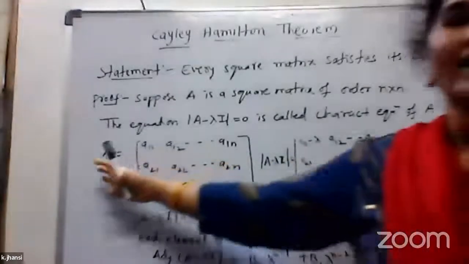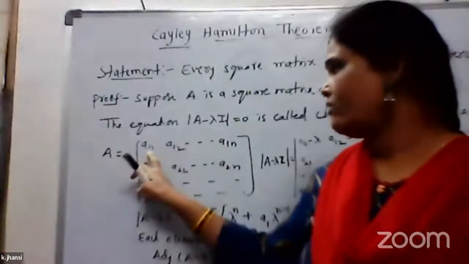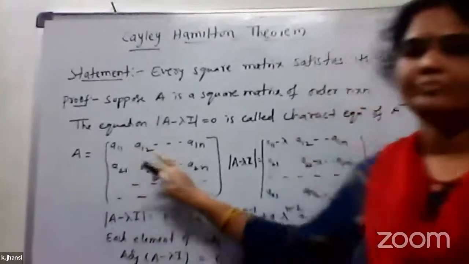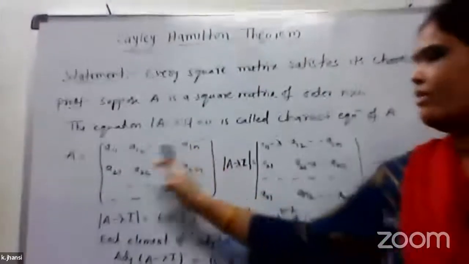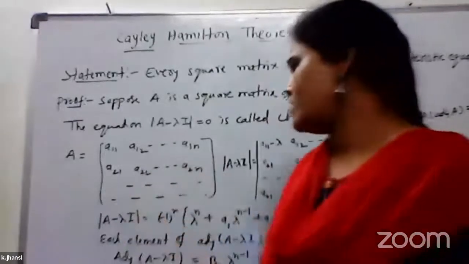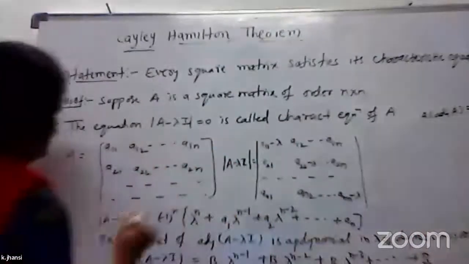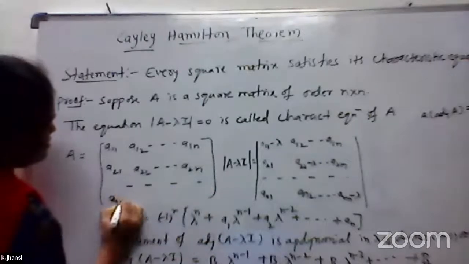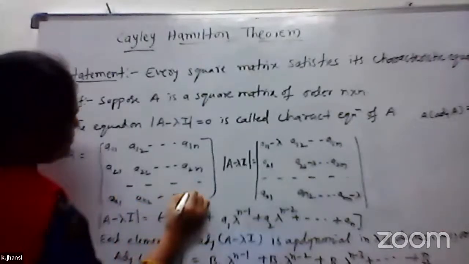Okay, now we'll take the matrix A as A11, A12, and so on up to A1n, and the second row is A21, A22 up till A2n, and the last row is An1, An2, and so on up till Ann.